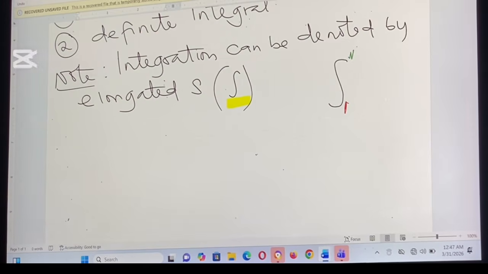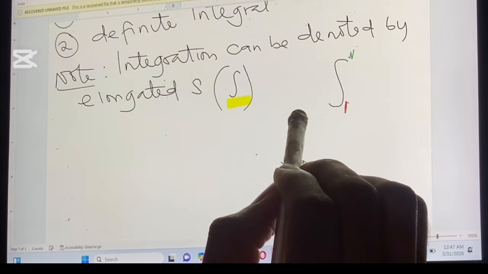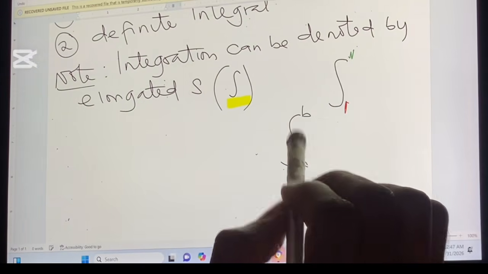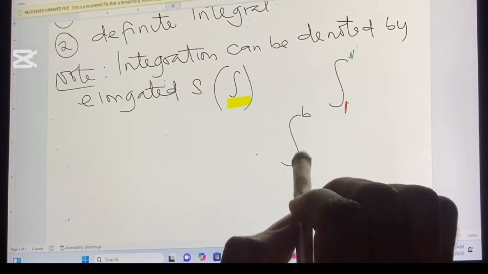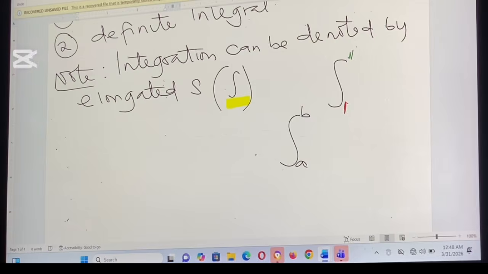But whenever we have an integral with an upper boundary, which is b, and a lower boundary, which is a, we call that integral a definite integral. Please take note.